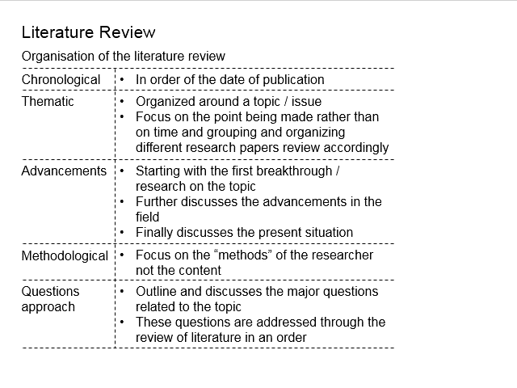It is like an arrangement of a series of breakthroughs throughout the history of the research development for that particular topic. Therefore, you are discussing the advancement of the field from the start until the present situation.